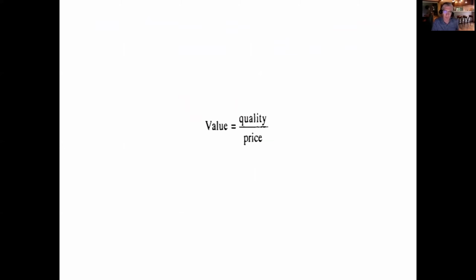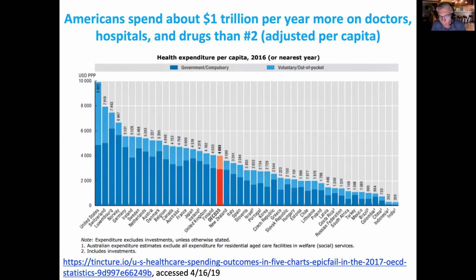So let's spend some time talking about why it is that American healthcare seems to have such a high price. So all in all, we spend about $1 trillion more on a per capita basis on healthcare than the number 2 country in the world. The number 2 country always kind of flip-flops back and forth between Switzerland, Luxembourg, or Norway on a per capita basis.